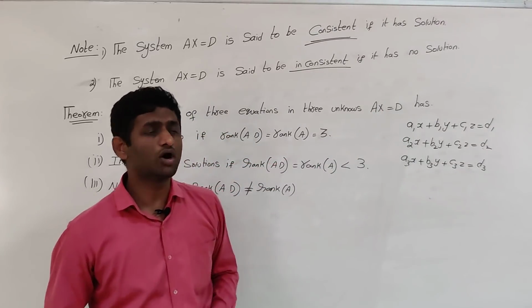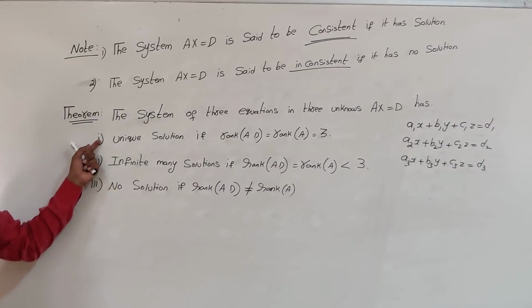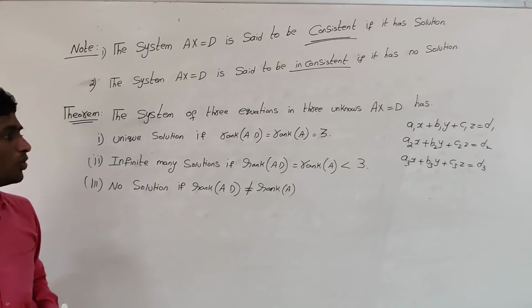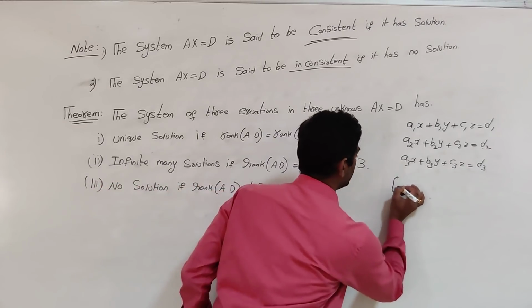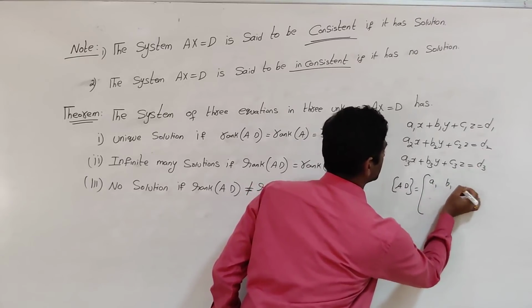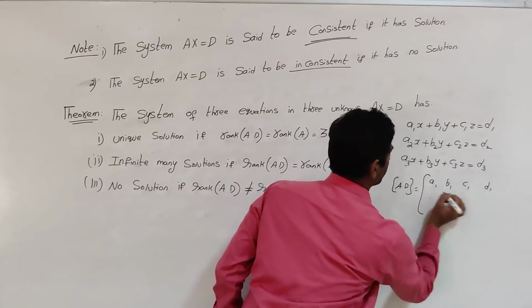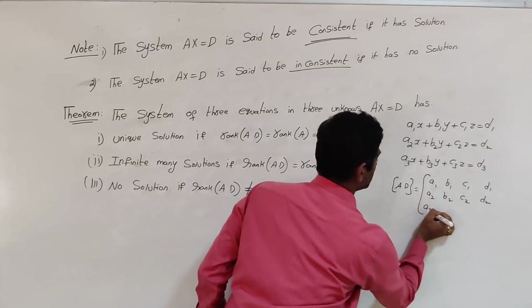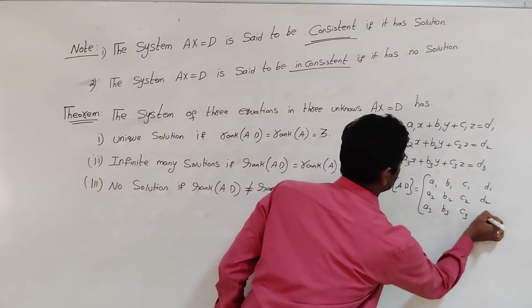And what is the augmented matrix? It has a unique solution if the rank of the augmented matrix... So what is the augmented matrix? AD, that is A1, B1, C1, D1, A2, B2, C2, D2, A3, B3, C3, D3.